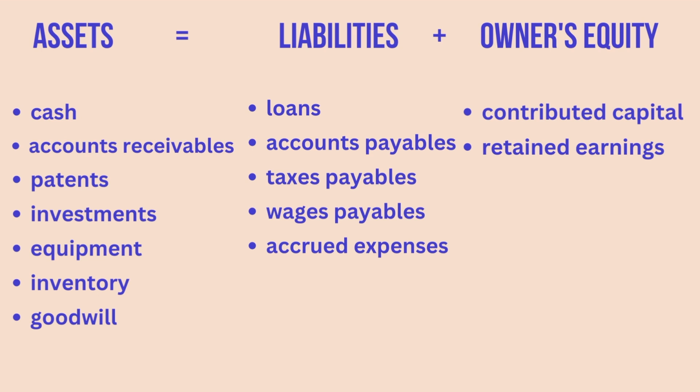Liabilities represent what the company owes to third parties, such as loans, accounts payables, taxes payables, wages payables, accrued expenses, and so on. Owner's equity is the owner's interest in the business. Think of it as the residual value after liabilities are subtracted from the assets. Owner's equity includes owner's investment and retained earnings, giving them a claim on the business's net assets.